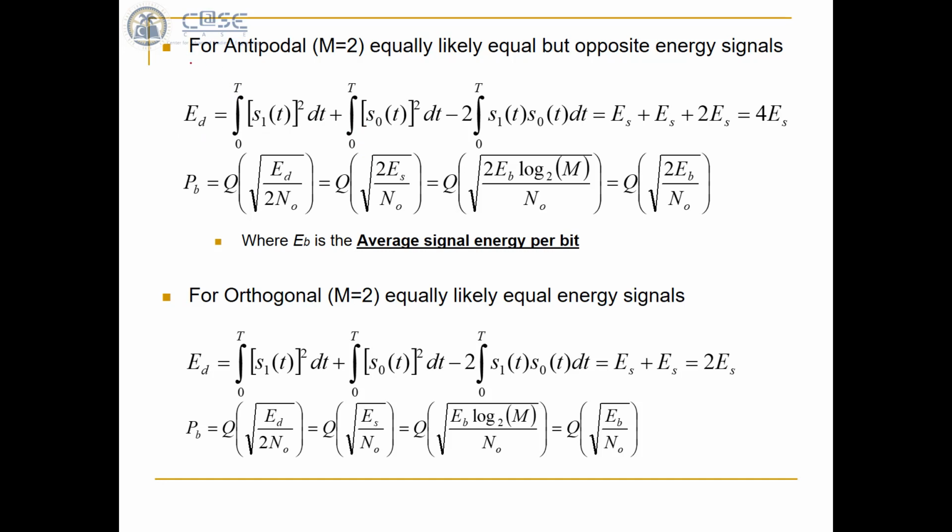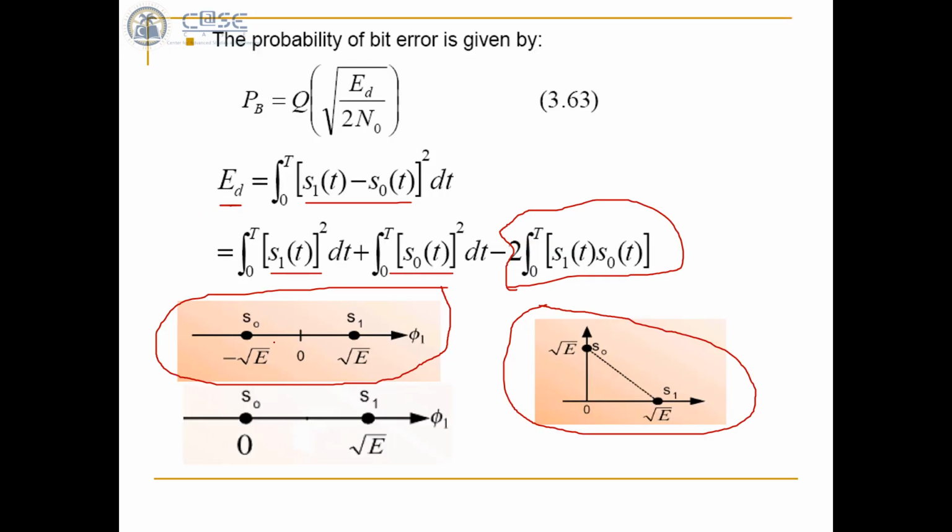Assume for the first case we have antipodal signals, in which capital M is equivalent to 2. Why is M equivalent to 2? Because we have two signals, S0 and S1. The capital M is equivalent to 2, and we have only one basis function to represent it. If you calculate the basis functions for the representation, it will come out to be 1, right?